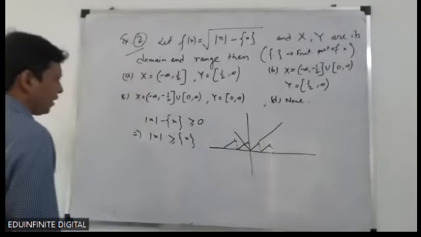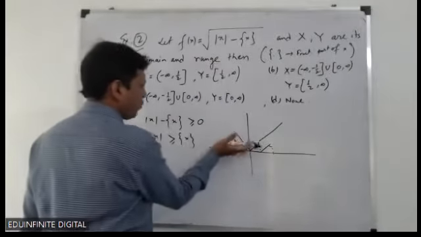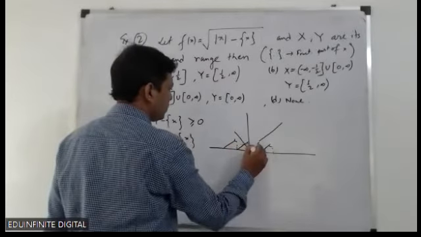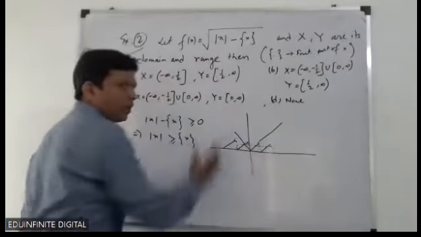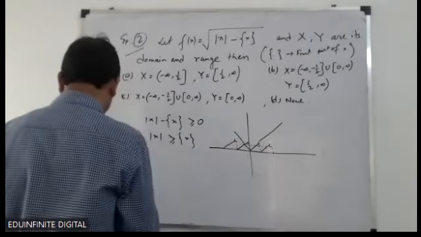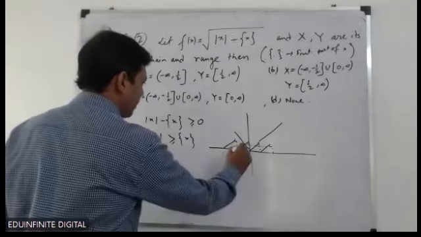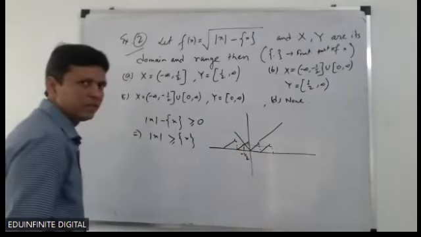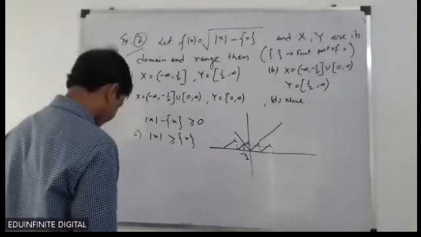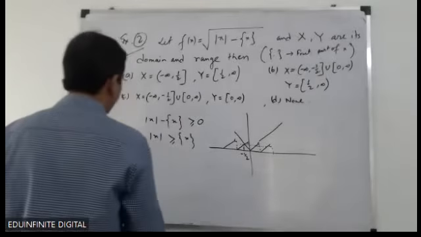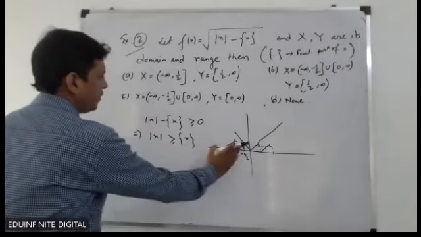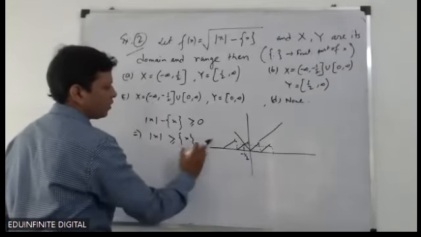Mod x greater than or equal to fractional part of x means, if you see, this is the upper portion. This is your half, and this is your minus half, right? So what is your region? Minus infinity to minus half in this part.